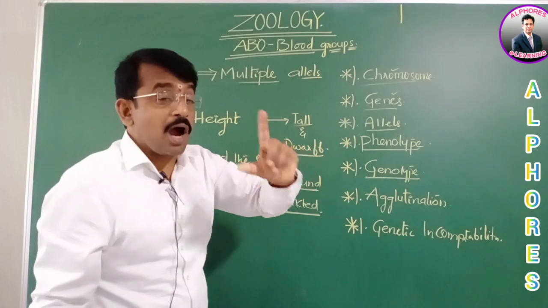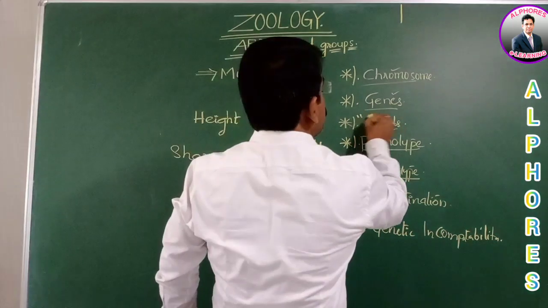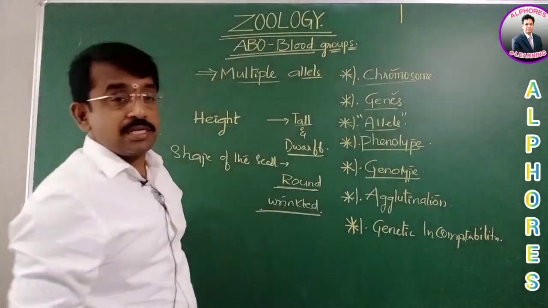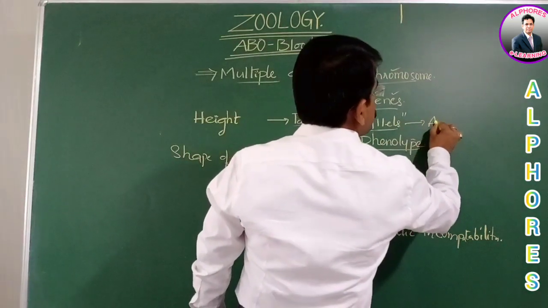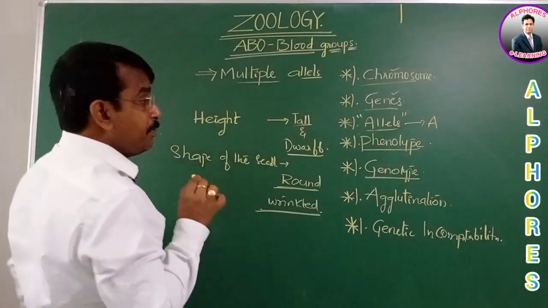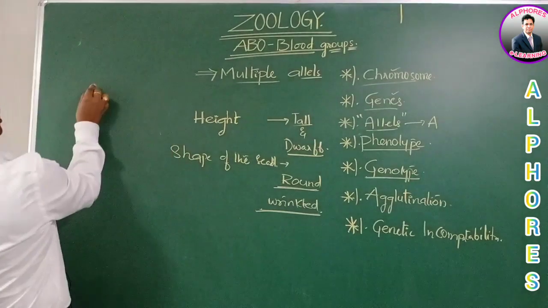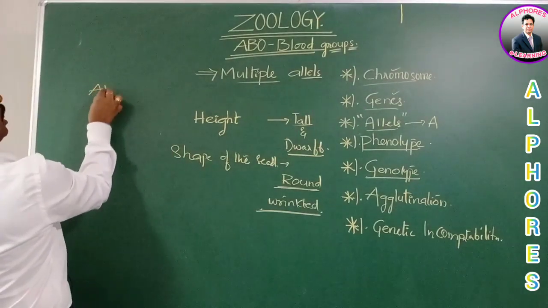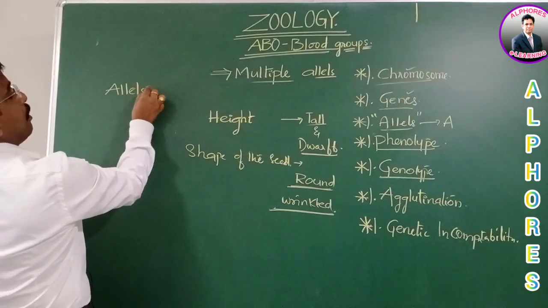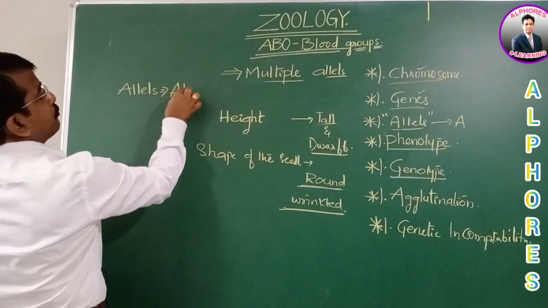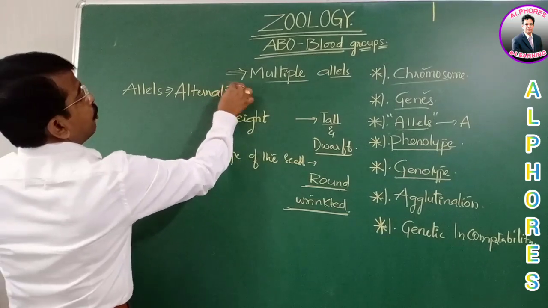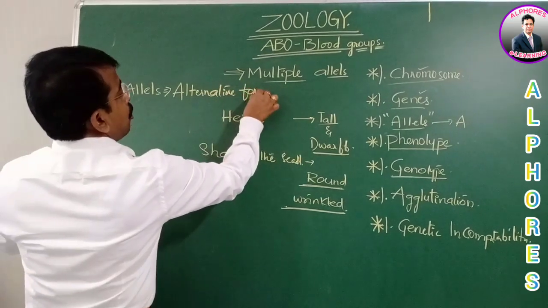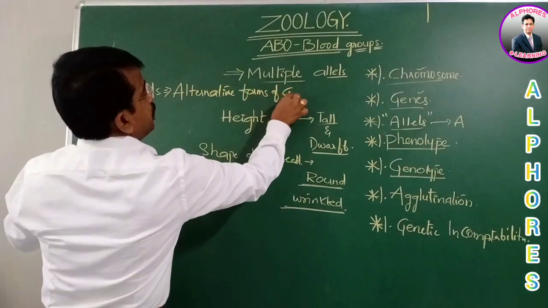And the genes have alternative forms, named the alleles. Alleles, in the sense, are the alternative forms of the genes. I repeat, make a note: alleles are alternative forms of the genes.